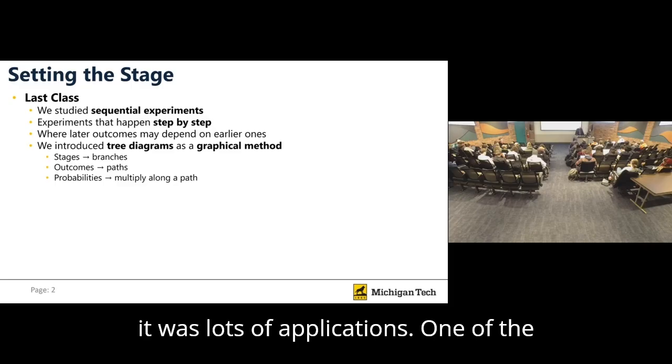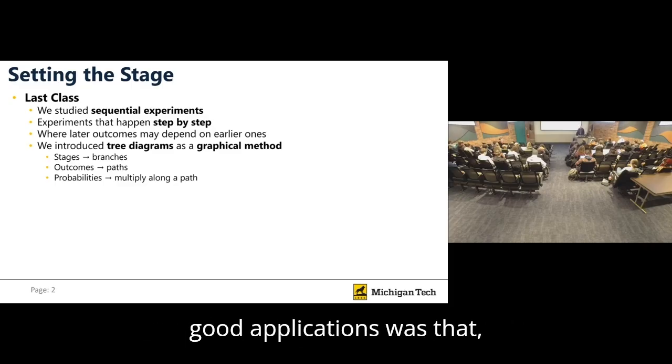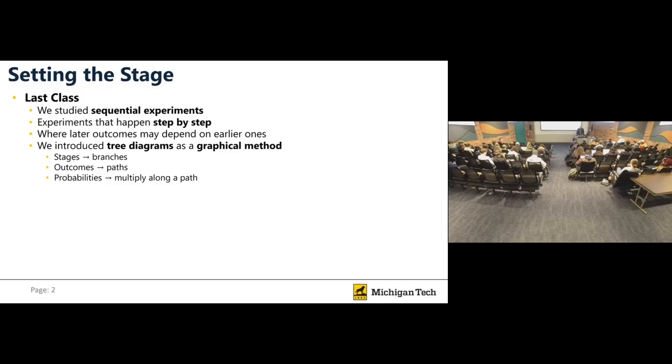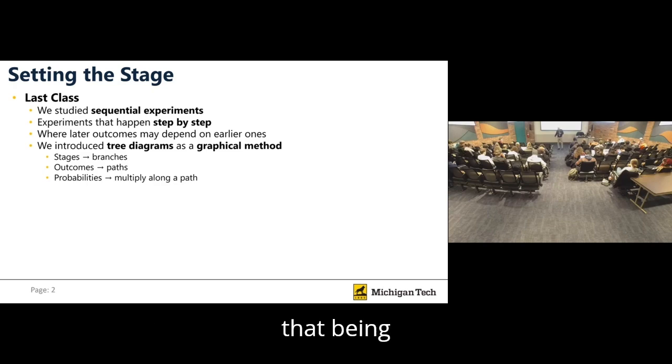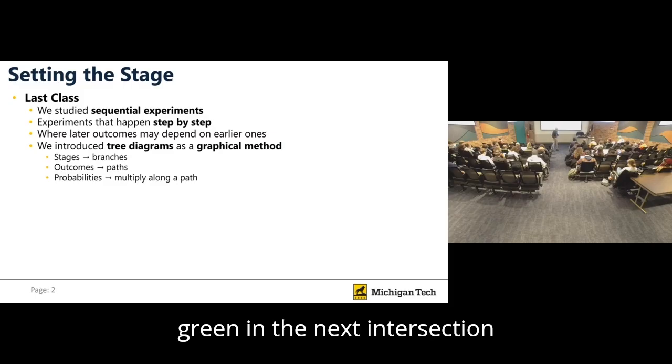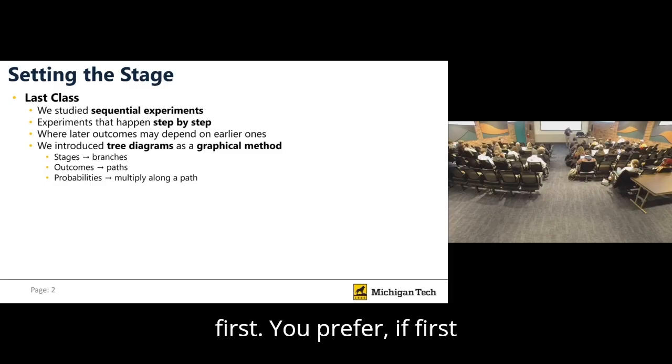So, there were lots of applications. One of the good applications was traffic lights, actually, that being green at the next intersection can sometimes depend on the first.